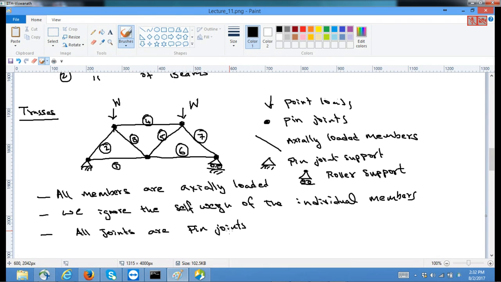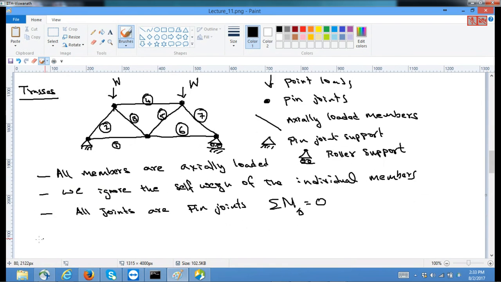All joints are pin joints. The meaning of this is that individual members can rotate about the pin. Since these pins can rotate, they cannot resist moment, that means the joints do not develop moments, or in other words, the summation of moments at any given pin joint is equal to 0.